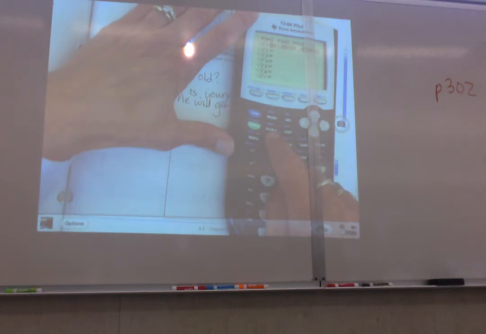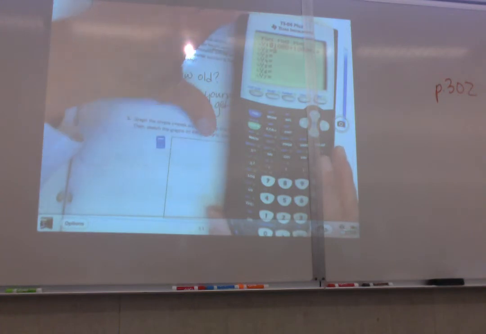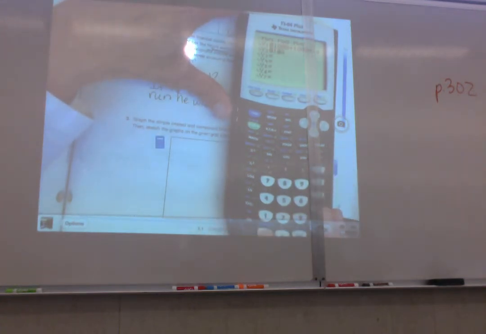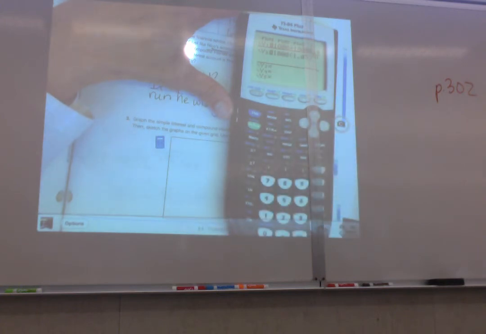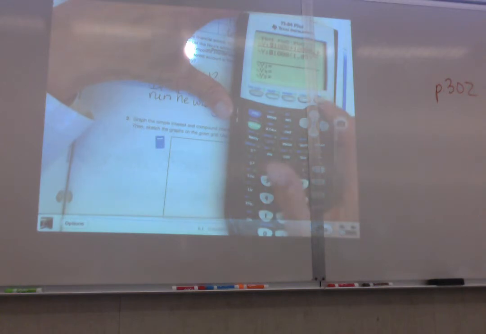That's Y1, that's Nico's formula. Now we go down to Y2. We're going to put Raul's on the same graph. 1,000, parenthesis, 1.05, parenthesis, exponent, and then X, T, theta, n. We push the little variable button. Graph.